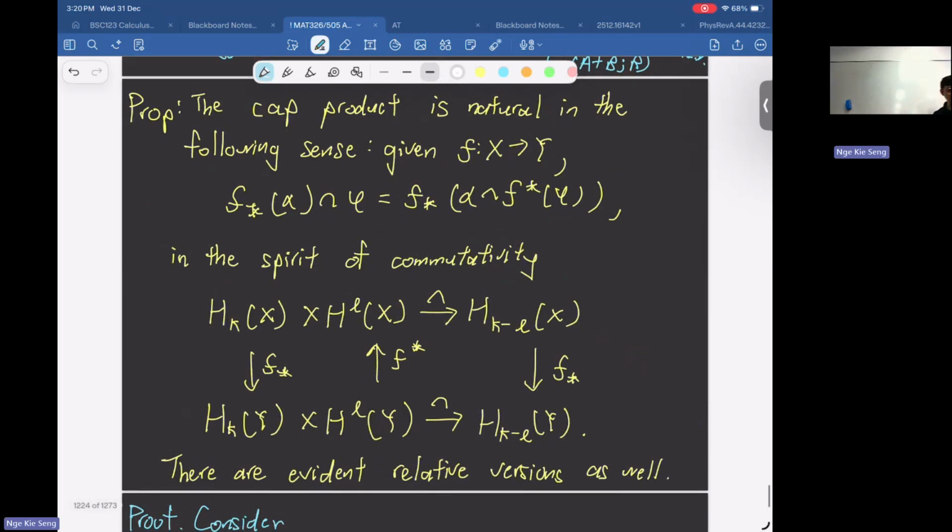And then a very different thing about this cap product is its naturality. If you look at this commutative diagram, this diagram works in a different way. It's like a highway here, one up, one down. If you have an induced f on your homology, your cycle, and then cap with a cocycle, it equals acting on your cocycle first, and then capping together, and then acting by your f again.